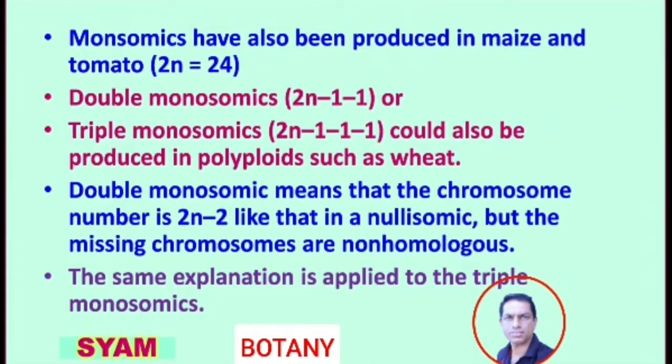So double monosomic means the chromosome number is 2n minus 2 like in nullisomic, but the missing chromosomes are non-homologous.